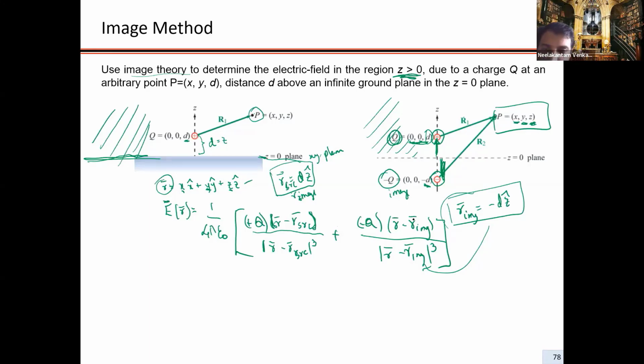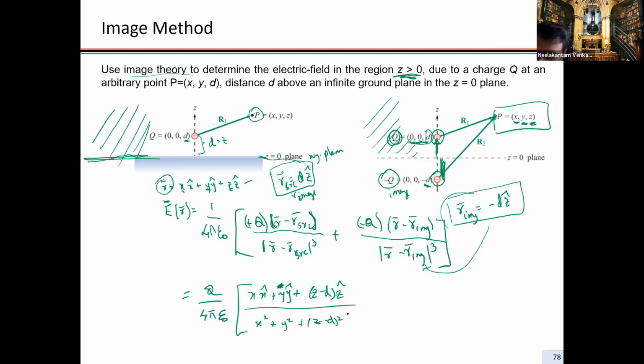So if you were to really go ahead and do that, since the q and the q are there, you can take the q common outside. It will become q over 4 pi epsilon naught. Then it becomes x hat plus y hat plus z minus d z hat over the magnitude of this square, which is x square plus y square plus z minus d the whole square to the power 3/2, minus x hat plus y hat plus z plus d z hat.